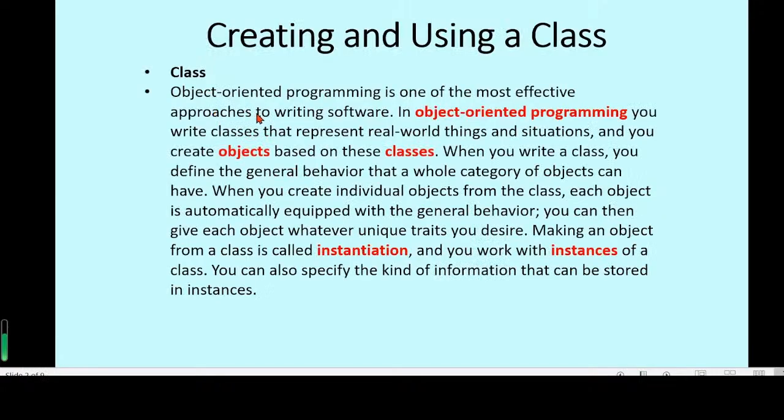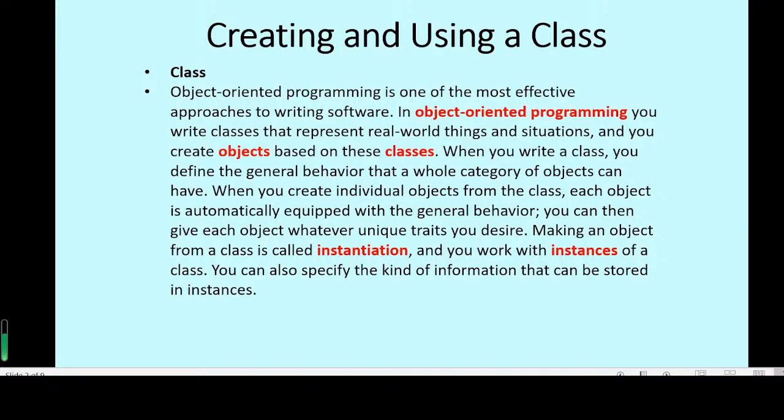Classes. Object-oriented programming is one of the most effective approaches to writing software. In object-oriented programming, you write classes that represent real-world things and situations, and you create objects based on these classes. When you write classes, you define the general behavior that a whole category of objects can have.